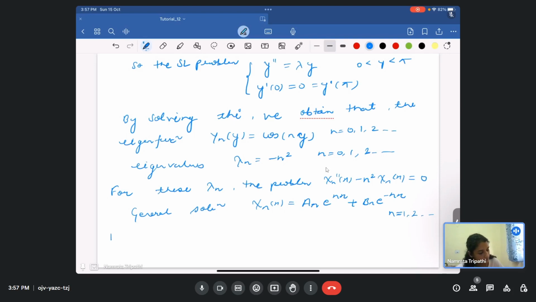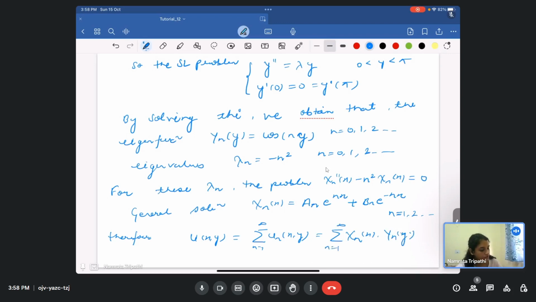So after solving X and Y, X_n, Y_n, you can write the solution for u(x,y). What will be the solution for u(x,y)? u_n(x,y) is X_n into Y_n. Fine.